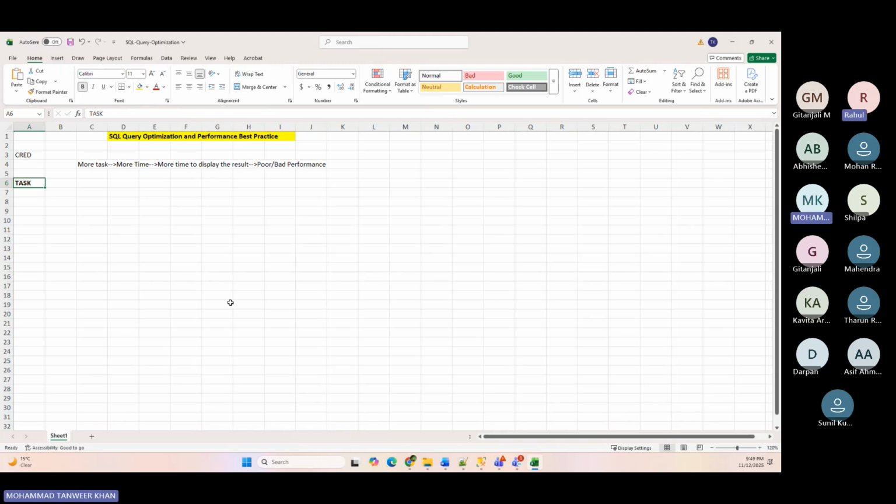And see, I am not telling that only the SQL query is responsible for the performance. Suppose you have written a very optimized SQL query. Suppose you're working on Snowflake or any other cloud database. You have written a perfect SQL query, but your server is not having that much capability.